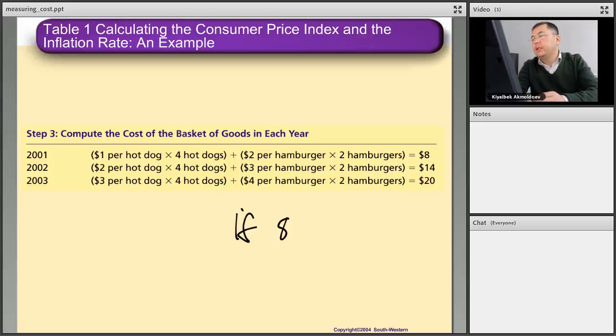If 14 is 100%, then how much did it change? The change from 8 to 14 is 6.